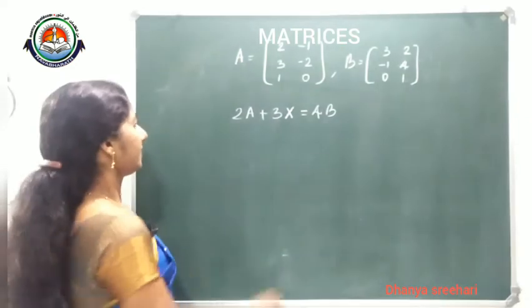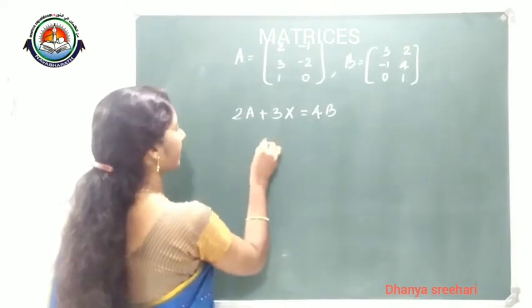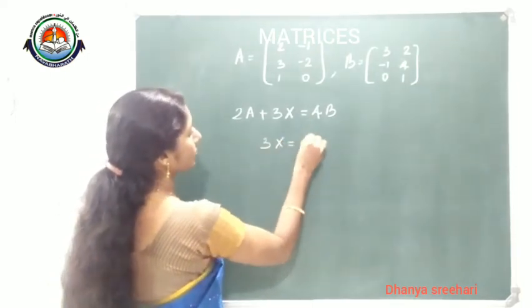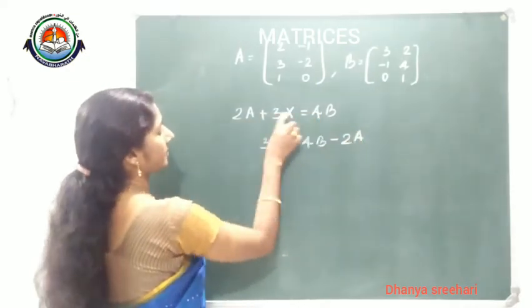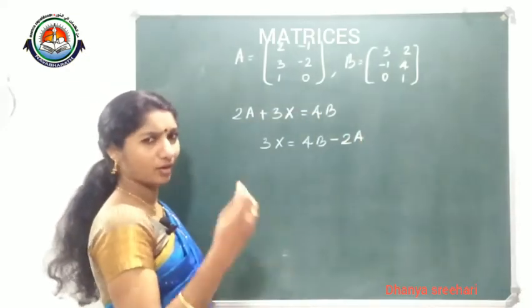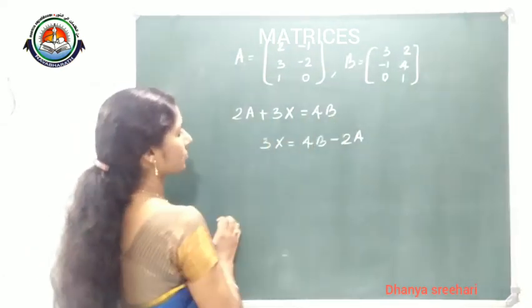From this equation we can write 3X is equal to 4B minus 2A, as 2A is subtracted from both sides. A normal algebraic step.